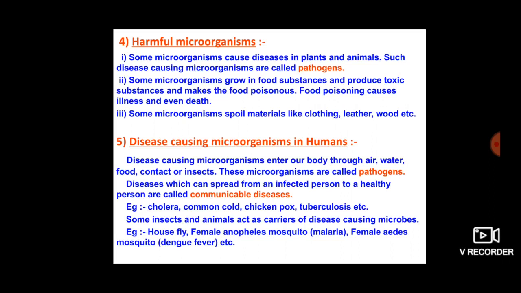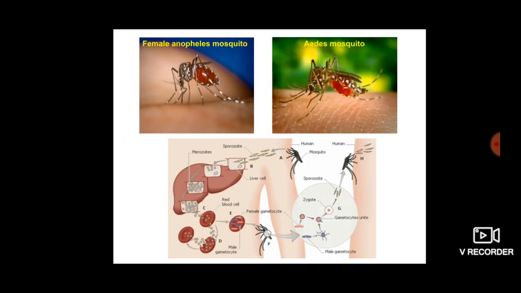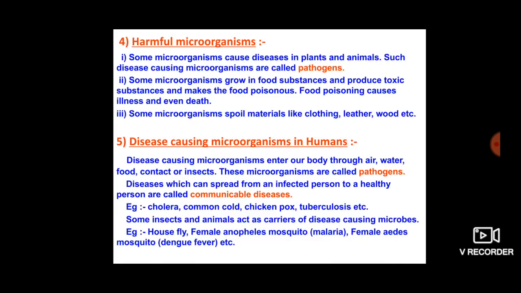Let us discuss now. What are the characteristics of these harmful microorganisms? Some microorganisms cause diseases in both plants and animals. Such disease causing microorganisms, what we call pathogens. And some microorganisms grow in food substances and produce toxic substances and make the food poisonous.